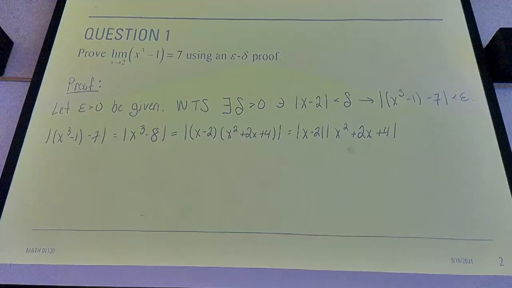The absolute value of x minus 2 we know is less than delta.